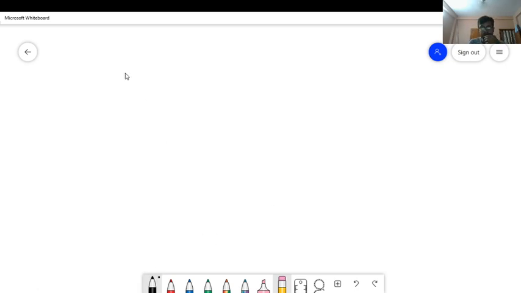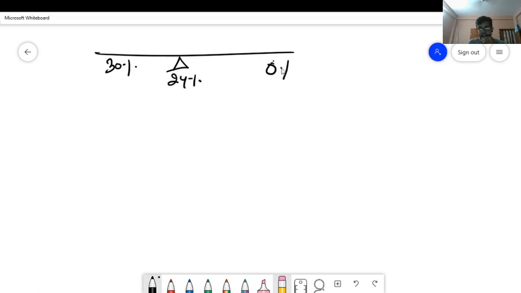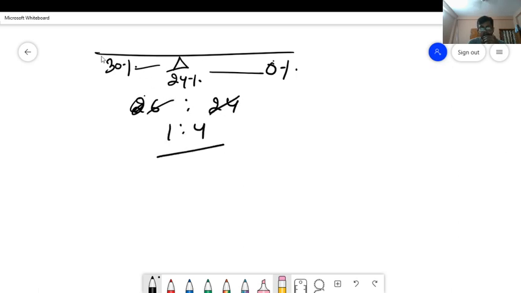The seesaw method. Let's say this is 30%, right? Concentration will come beneath. This was 24%, in between, and this was 0%. We can get 24 is to 6, which is 4 is to 1. So what is the amount we will need to add?